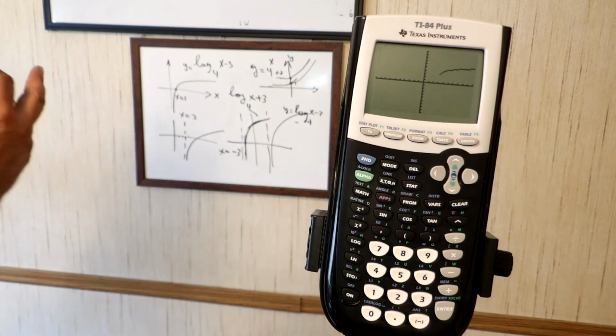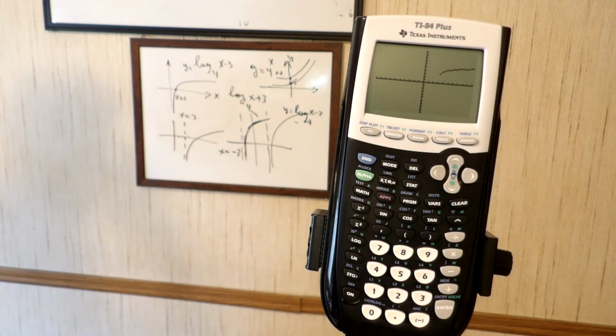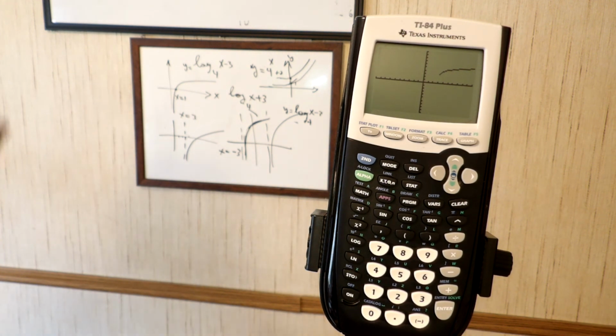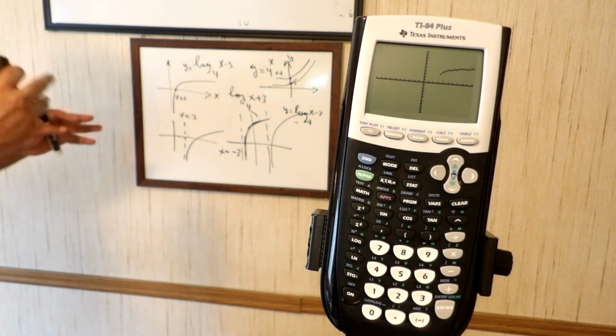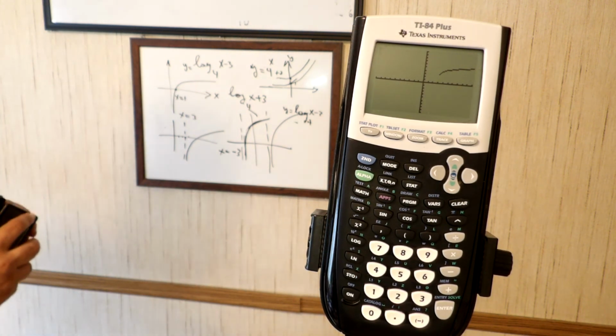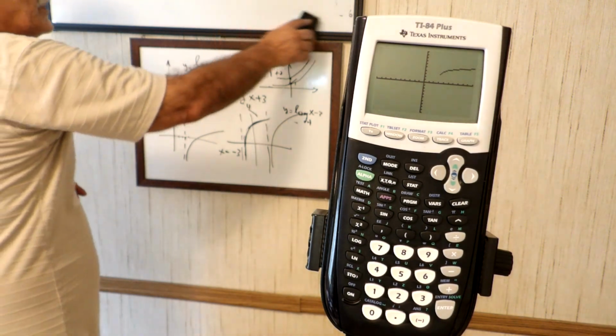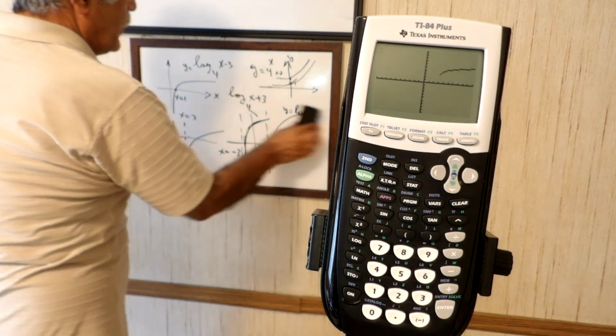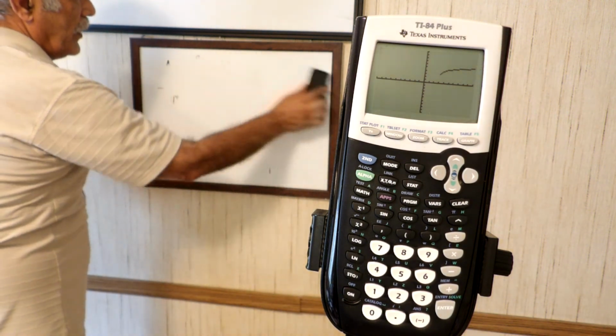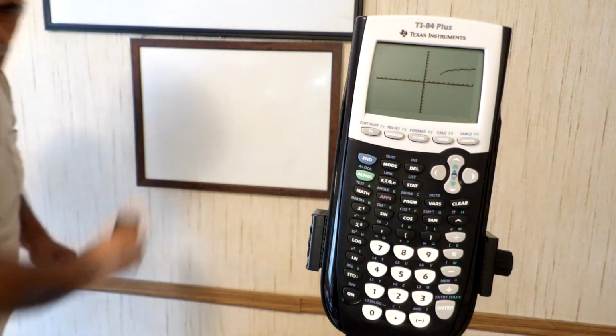You have to code and decode. Somehow you code this material in your brain, and then when you want to solve the problem, you use that decoding, those things that you learned.